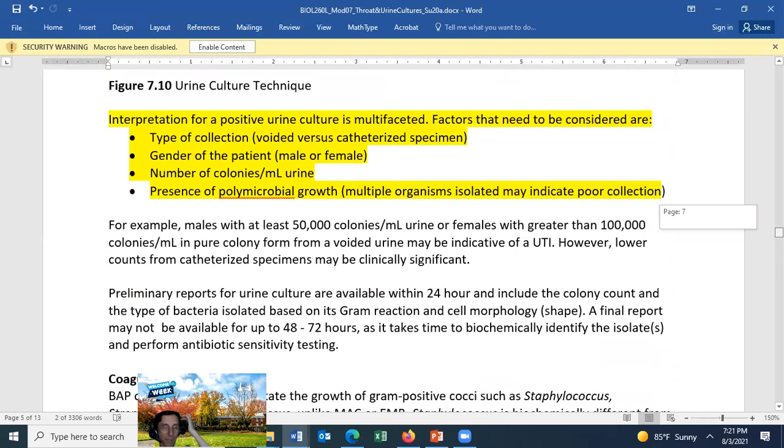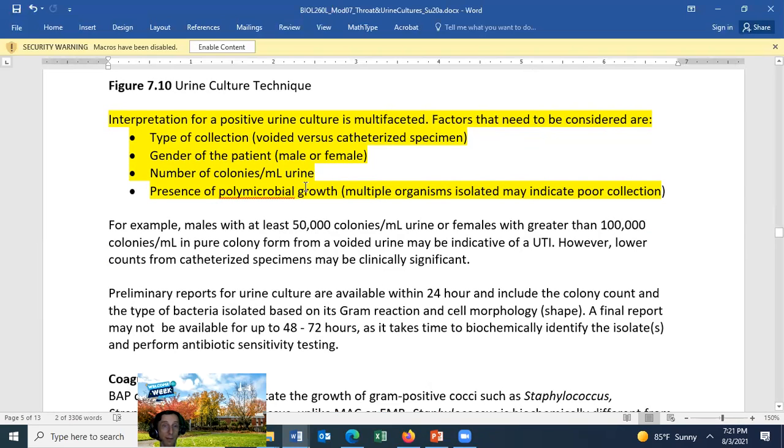The suprapubic aspiration should have no contaminating bacteria. The catheter, only a few, and then the clean catch midstream, more. The gender of the patient will determine how many bacteria in the urine, meaning a female will have more bacteria from the urethra in the urine than a male will.